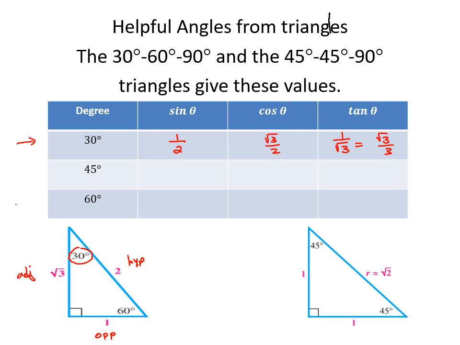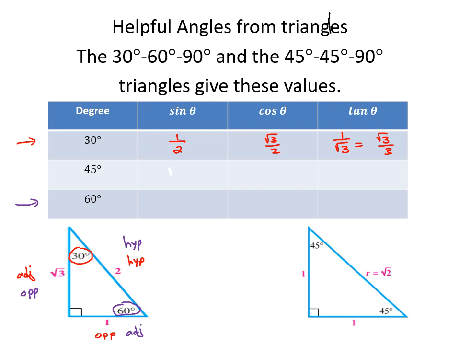I'm going to go ahead and do the 60 degrees since that's the same triangle. 60 degrees would go off of this angle. On that angle, this side is the opposite, this side is the adjacent, and the hypotenuse is the same no matter what. So sine would be the opposite over the hypotenuse, which would be root, oops, I put that in the wrong spot, didn't I?